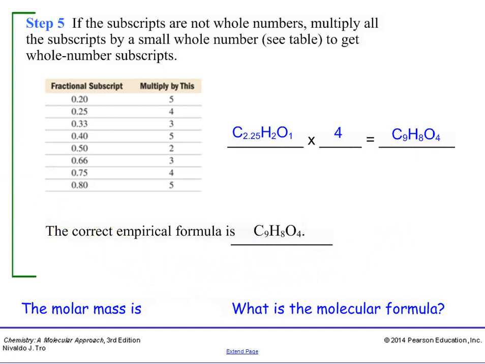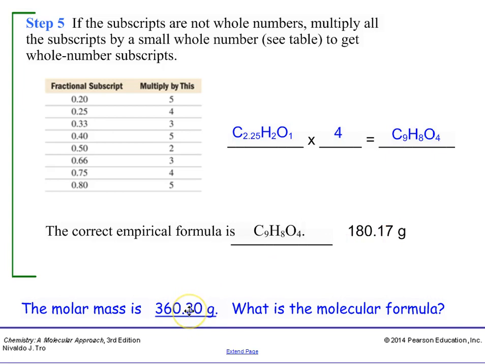In order to know the actual formula, I also need to know the molar mass. In this case, 360.3 grams. So we should be able to find the molecular formula. The empirical formula, as we calculated it, C9H8O4, is 180.17 grams.